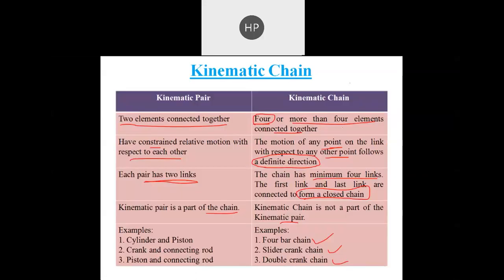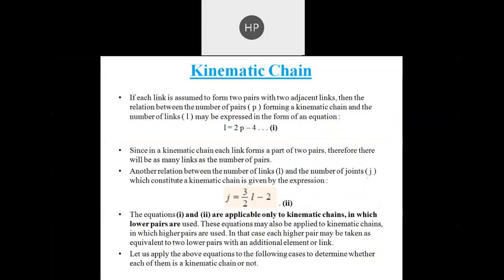As I told you earlier, here we have a minimum of 4 links. So why is this minimum of 4 links required? That's why we have certain calculations, and on that basis we will see whether it is termed a structure or a mechanism.